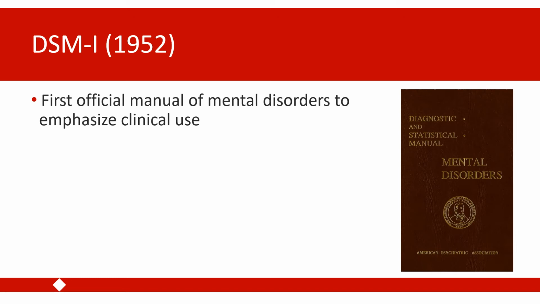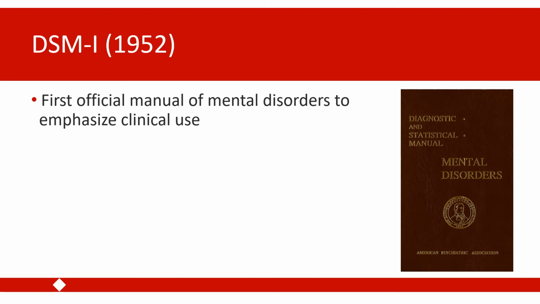Unlike the ICD-6, this was specifically a manual for mental disorders, not including mental disorders with physical disorders. And it was not designed like the census to collect data for government use, or for research purposes.